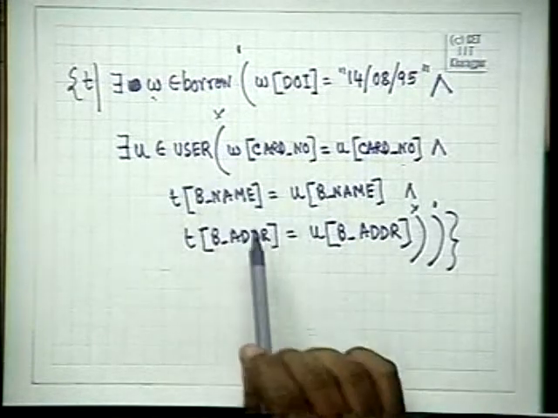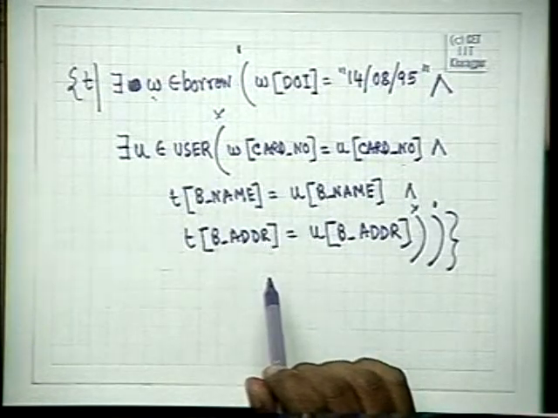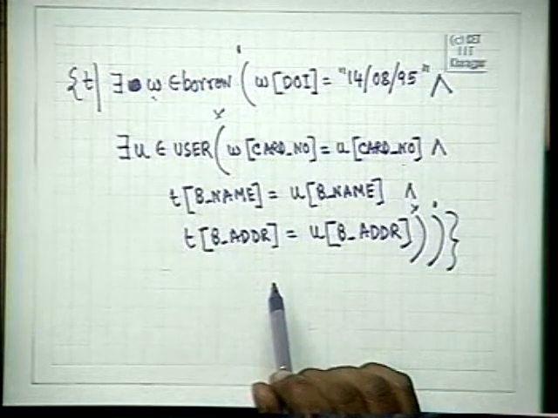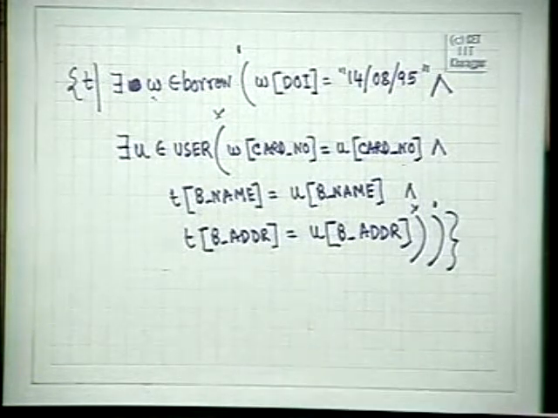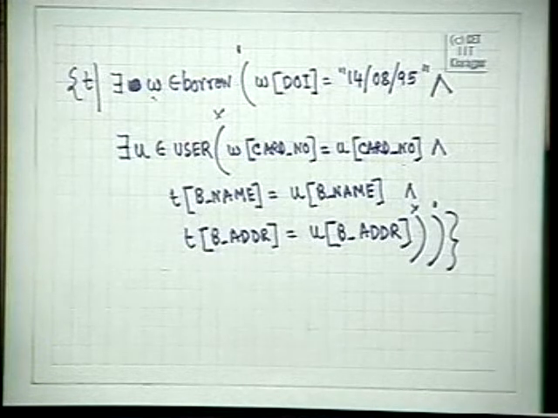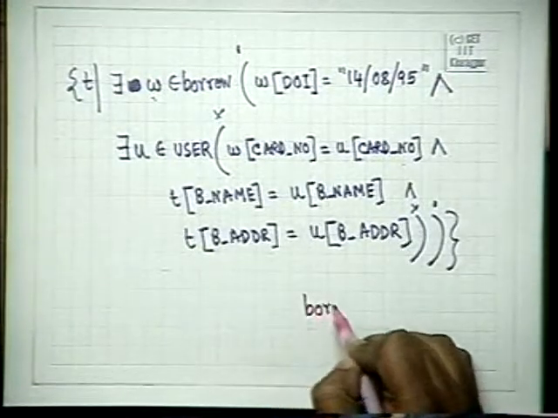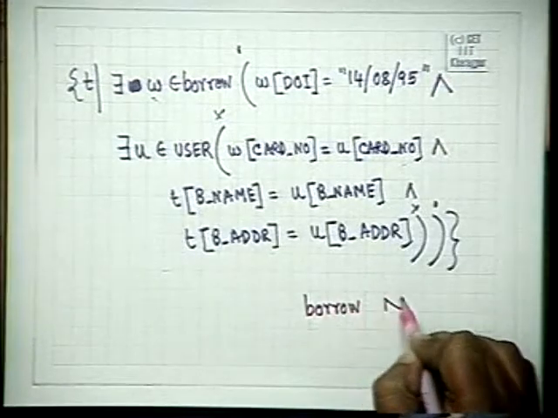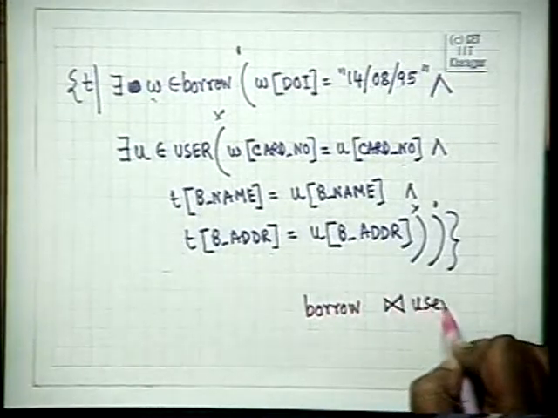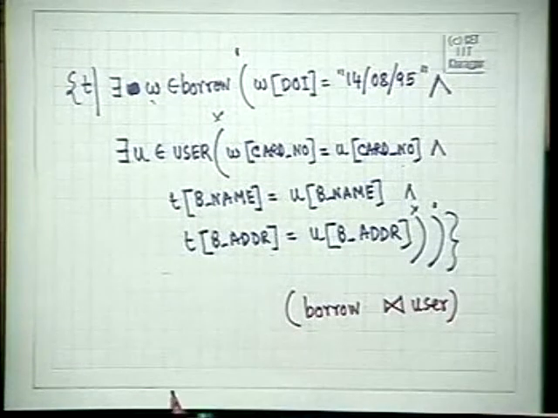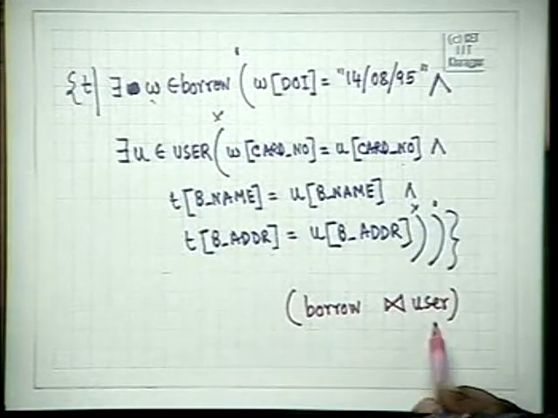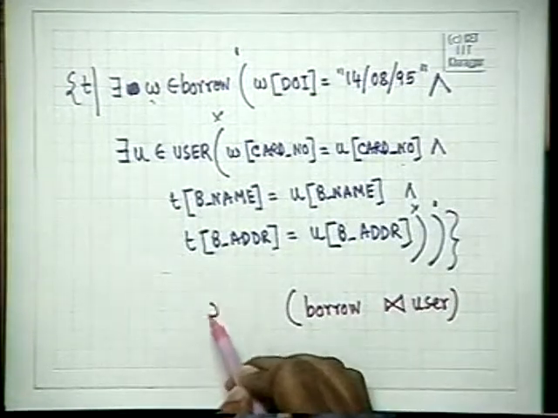So this is one query which is corresponding to a simple natural join. What is the equivalent relational algebra? You have to do borrow, you could have selected out the date of issue from here.